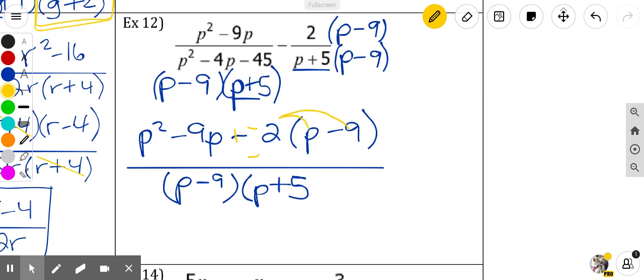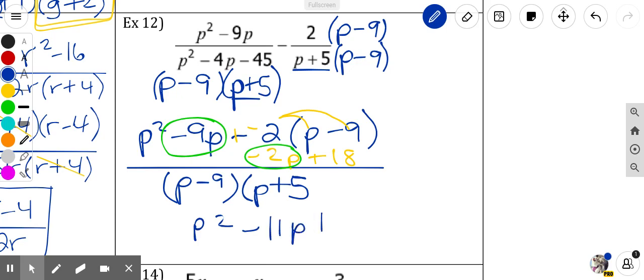So this is really going to become negative 2p plus 18. Once you distribute that negative 2, then you can combine like terms. So your like terms here are going to be the negative 9p and the negative 2p. So to rewrite that numerator, it's going to be p squared minus 11p plus 18.